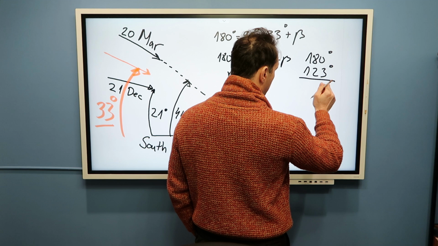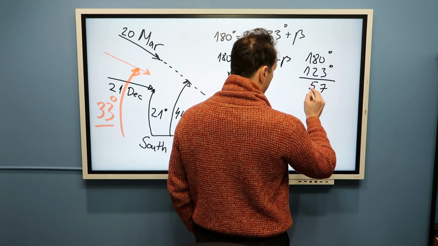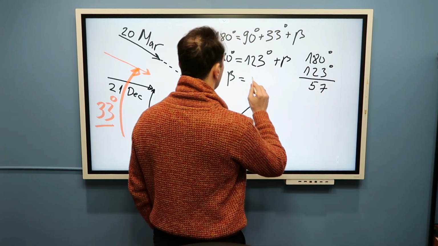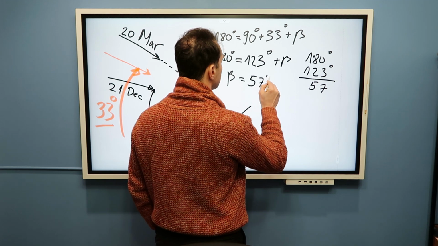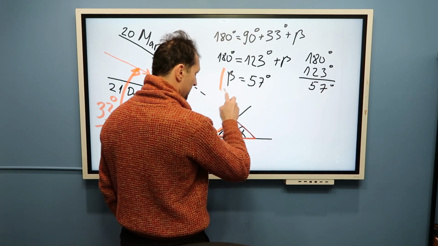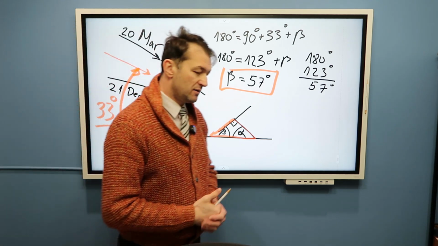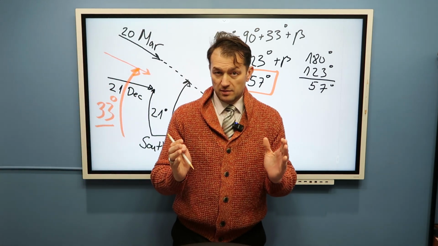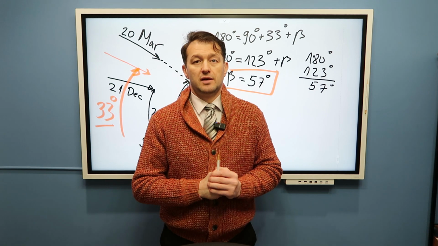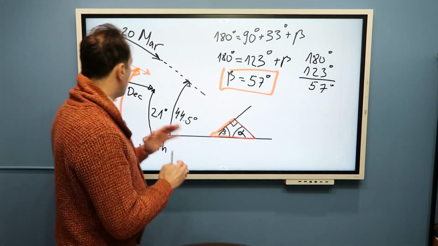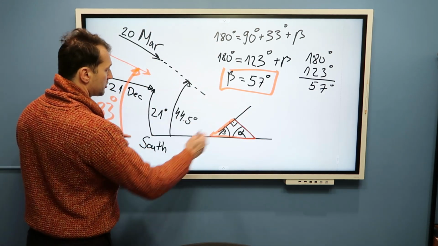Up to 8 is 5. And 1 to 1 is 0. So it ends up that this angle is 57 degrees. So you can see if you want this angle beta, then this is how you get it. That was a little bit more advanced technique that gives you more precise optimal angle of these solar panels.